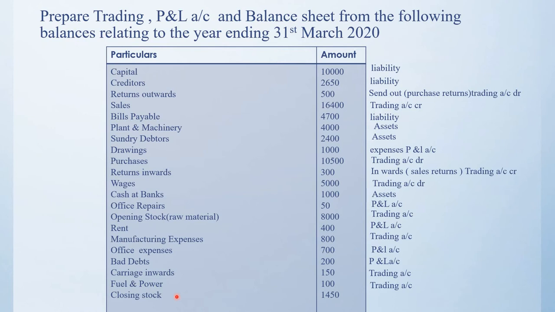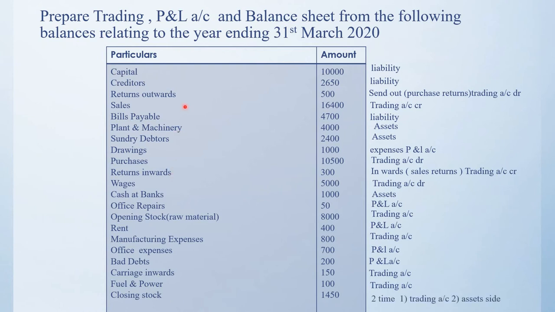So this closing stock is considered one time as an asset, and the second time from the stock point of view. First time we'll record it on the trading account credit side, and second time on the asset side.